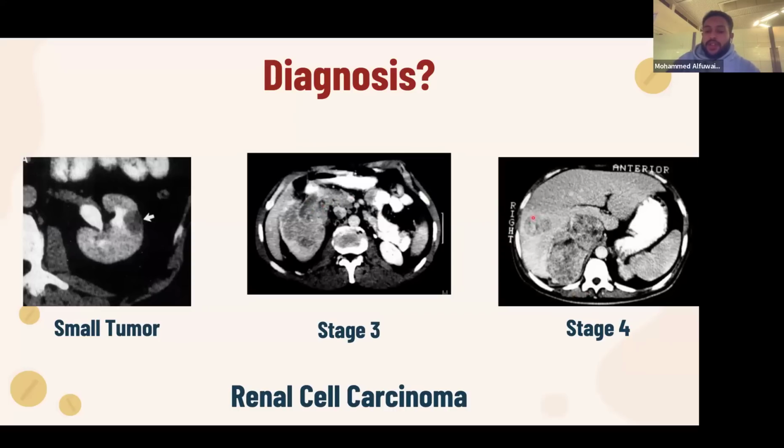Now, here, stage 4, as you can see, there is metastasis. What is a very common area of metastasis for renal cancer? The most common, lungs. Remember lungs, okay? And it can cause, yes, exactly, the cannonball appearance when you do an X-ray of the lungs. Another important point of metastasis for RCC, as I said, the left renal vein.